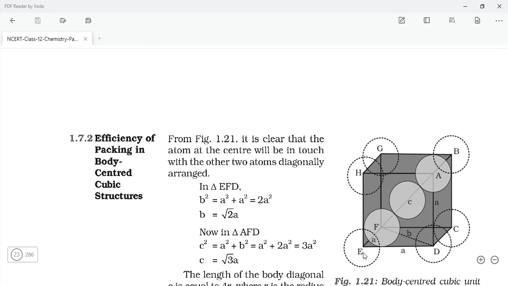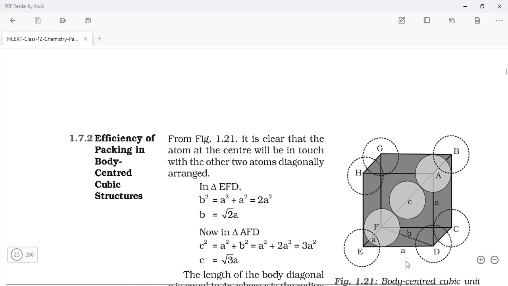Efficiency of packing in body centered cubic structures, BCC. From figure 1.21, it is clear that the atom at the center will be in touch with the other atoms diagonally arranged. In triangle EFD, as you see here, at the bottom face, EFD. In this triangle B square is equal to A square plus A square is equal to 2A square.